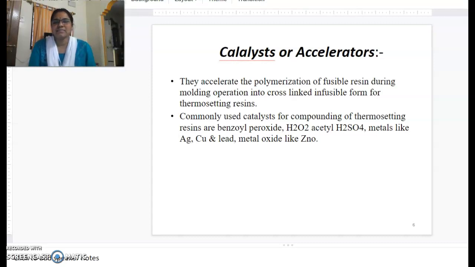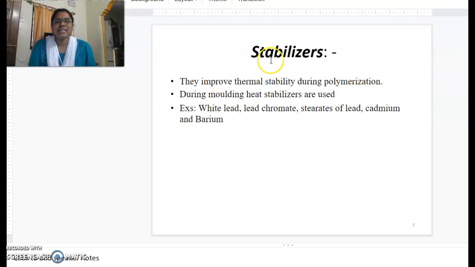So this is the sixth one. The seventh one is stabilizers. If you remember the key headings, at least you can write one point based upon that key point. Stabilizers improve the thermal stability during polymerization, and also during molding, heat stabilizers are used.